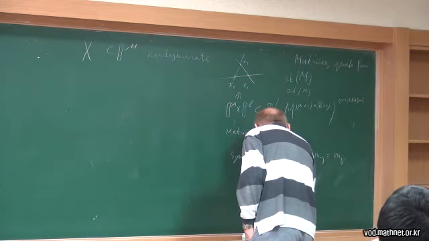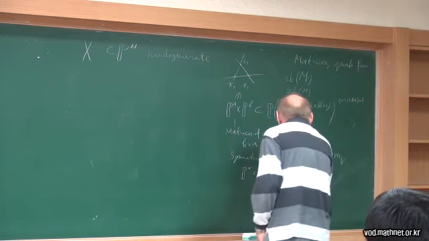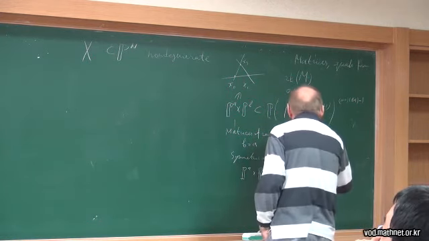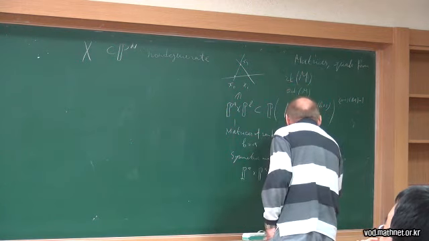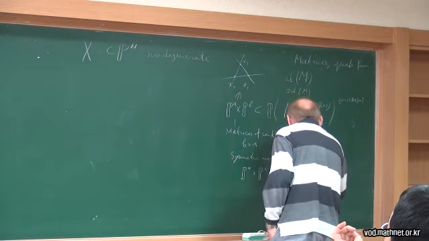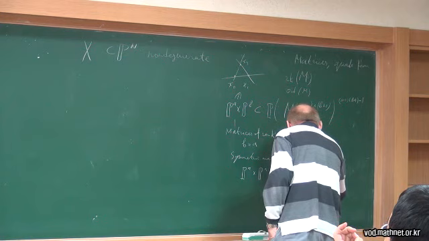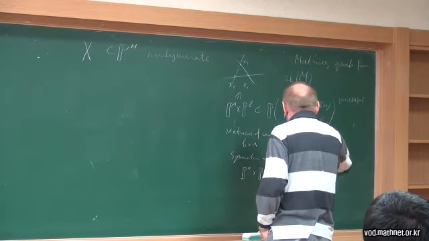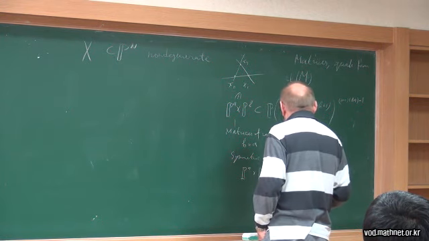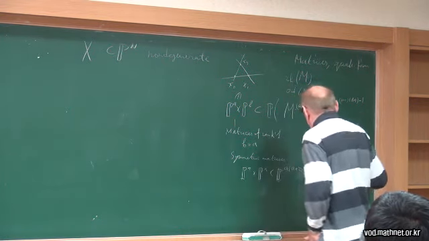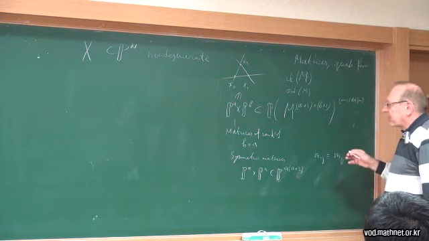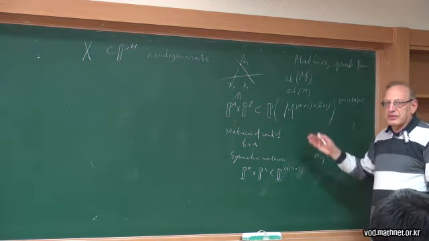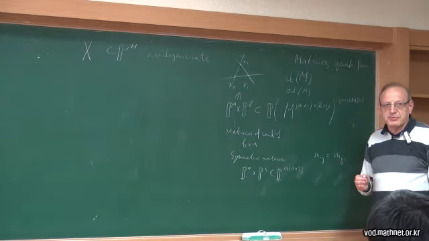So we had this variety here, and we consider its intersection with a linear subspace, which is defined by equality of terms symmetric with respect to the diagonal.